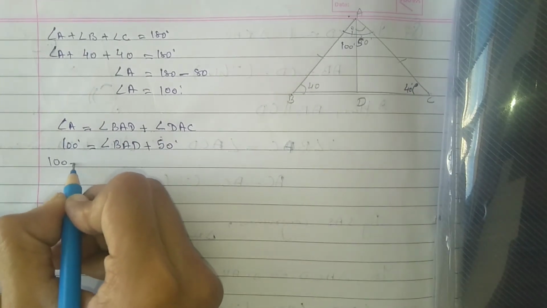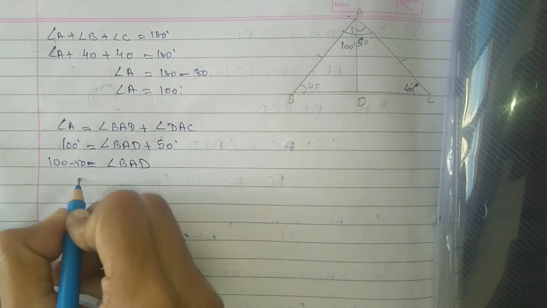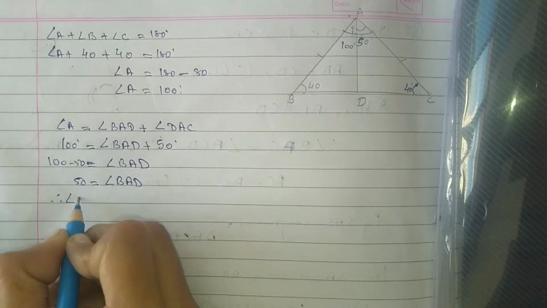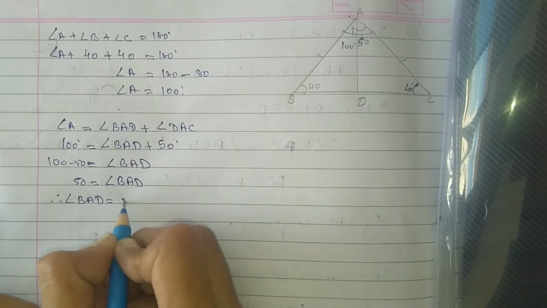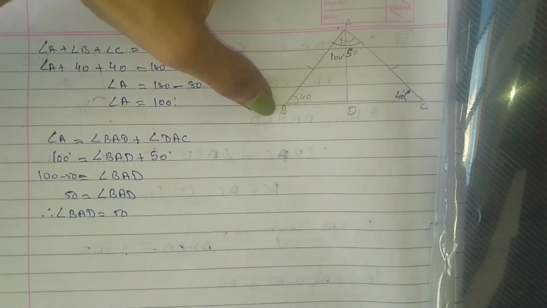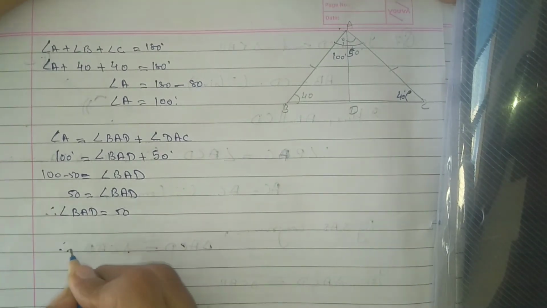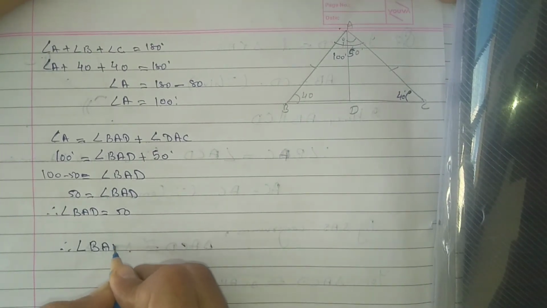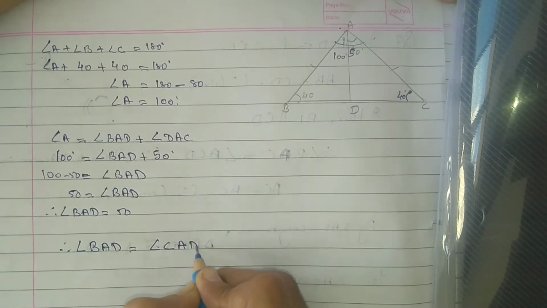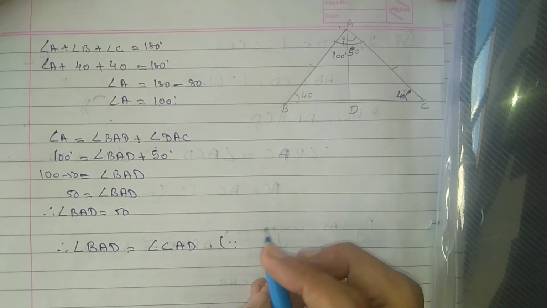So 100 minus 50 equal to angle BAD. So 50 equal to angle BAD. Therefore angle BAD equal to 50. So this is also 50. So we can say angle BAD is equal to angle CAD. So let us write angle BAD equal to angle CAD, 50, right? Both are equal.